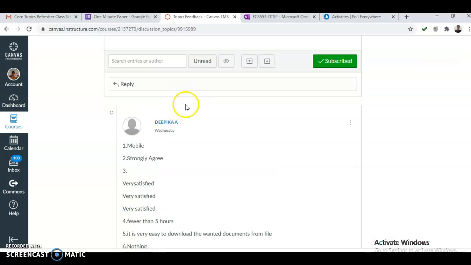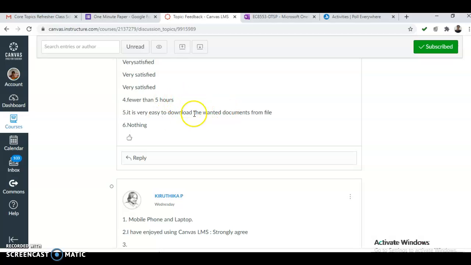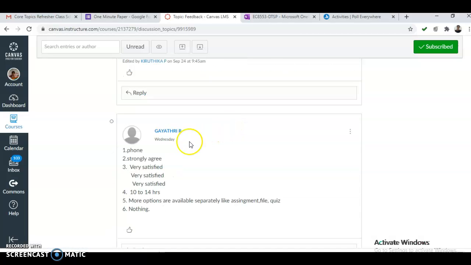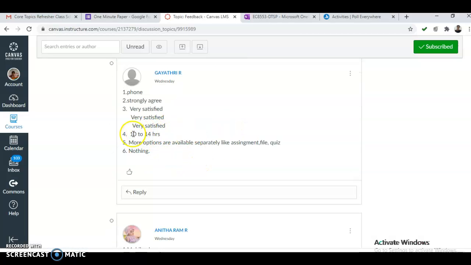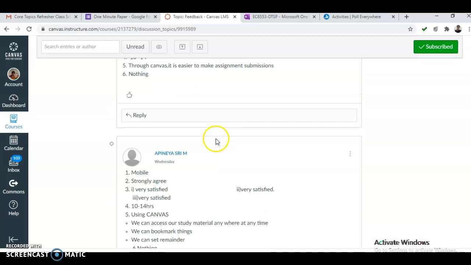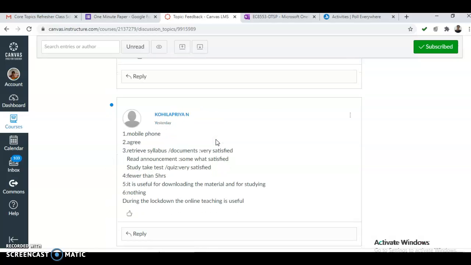Students are very satisfied with this Canvas LMS because the materials are easily available for reference, easy to download, and they study for the exam very well. Some of them frequently use Canvas regularly in this pandemic situation, and most of the members use it on mobile also, so it is user friendly. Most of the members gave very nice feedback.